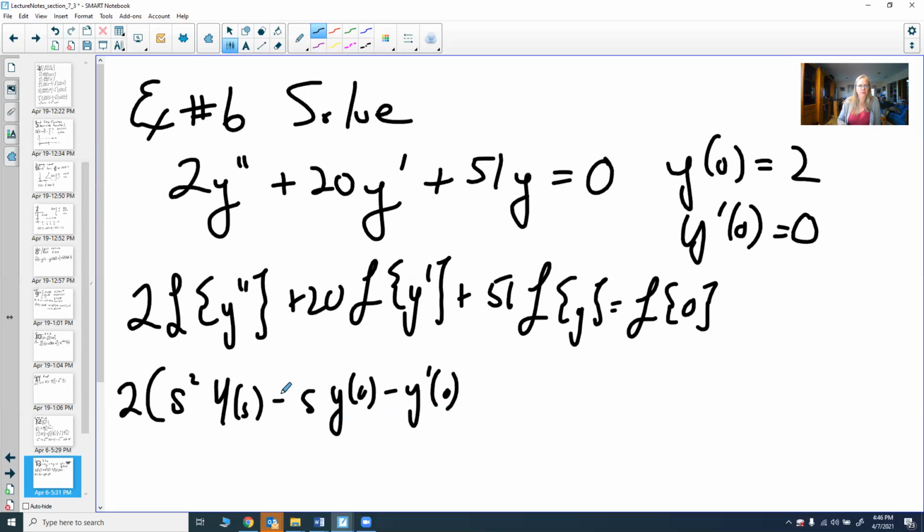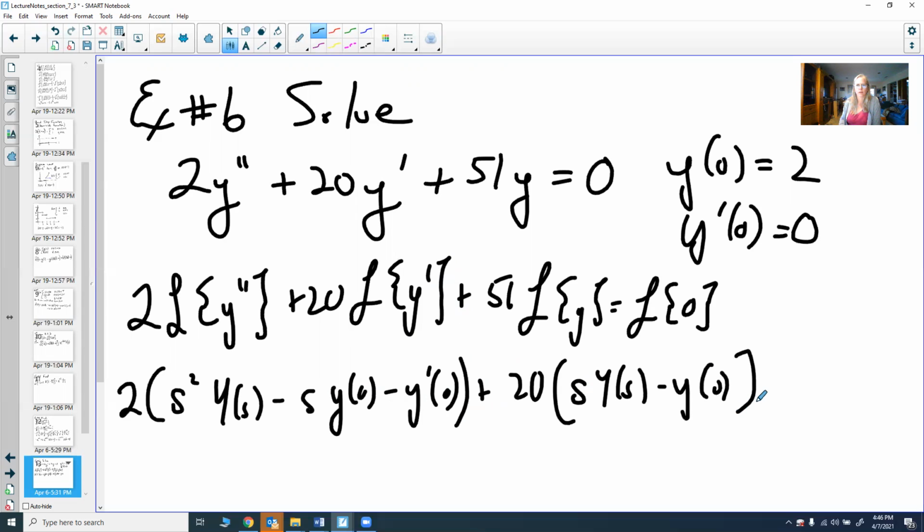Remember, the s's are decreasing in power, starting with the same power as the derivative, and the initial values are increasing in derivatives. Plus 20 times the Laplace transform of y prime, which is s times y of s minus y of 0, plus 51 times y of s equals 0. The Laplace transform of 0 is 0.